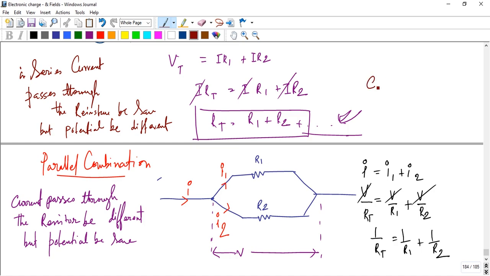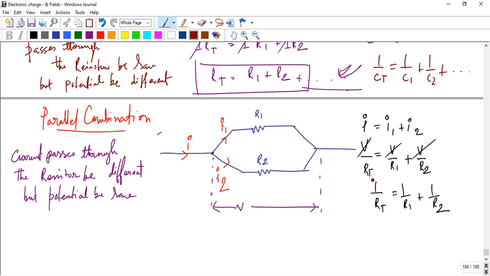Capacitors in series: 1 by the total capacitance is 1 by C1 plus 1 by C2 and so on. But for capacitors in parallel, they are just added: C1 plus C2 and so on.